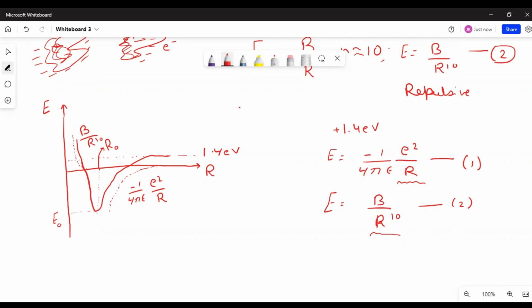This is for the case when temperature T equals 0 Kelvin. Now, what happens when we increase the temperature of a material? Atoms inside the material will start to vibrate, and the energy of the system will increase.